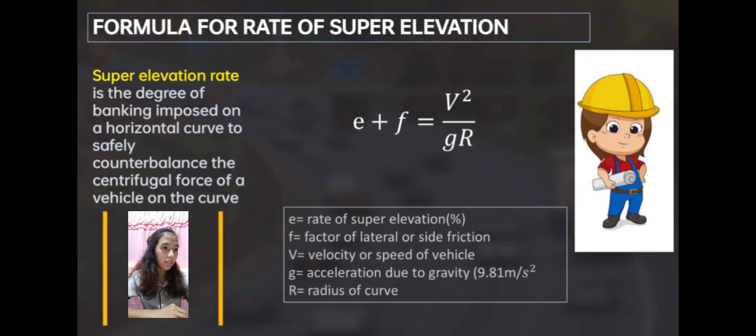Yung e natin is the rate of superelevation in percentage. Yung f naman is the factor of lateral or side friction. Yung V is the velocity or speed of vehicle. G is the acceleration due to gravity, which is 9.81 meter per second squared. And R is the radius of the curve. Ito yung main formula na gagamitin sa superelevation.